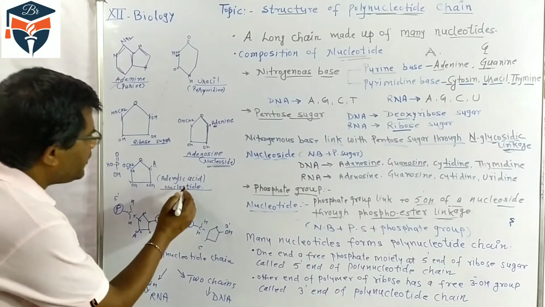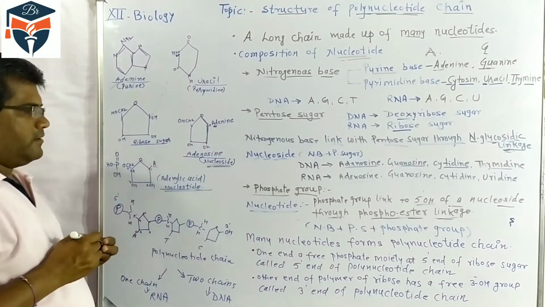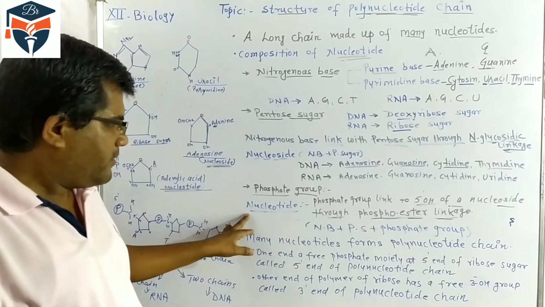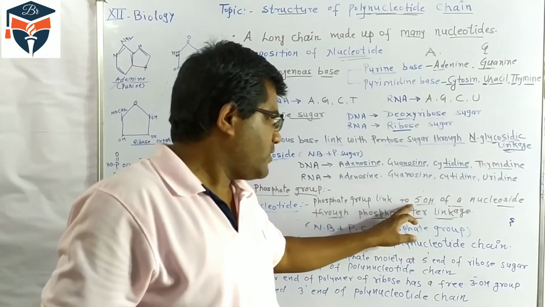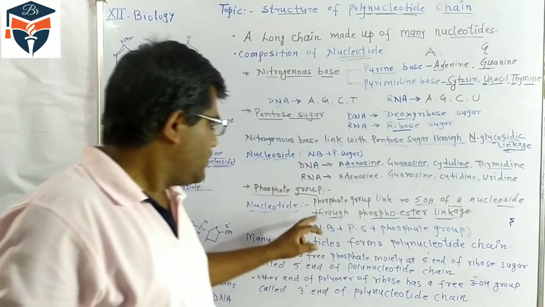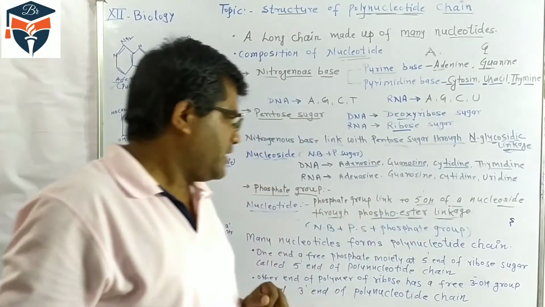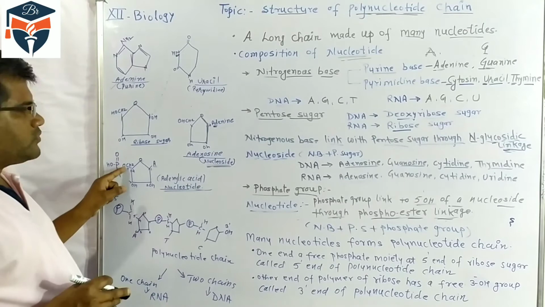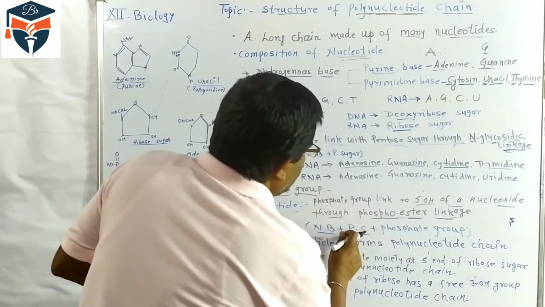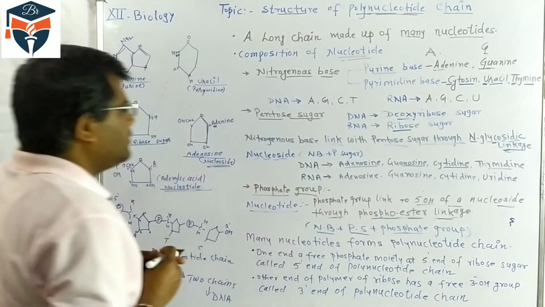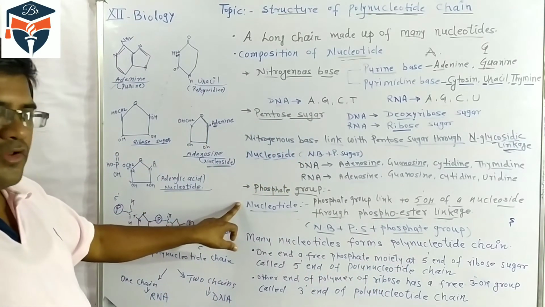So it is called a nucleotide. A nucleotide means a phosphate group linked to the 5th carbon OH of the nucleoside through phosphoester linkage. Nitrogenous base, pentose sugar and phosphate group, this combinedly is called a nucleotide.